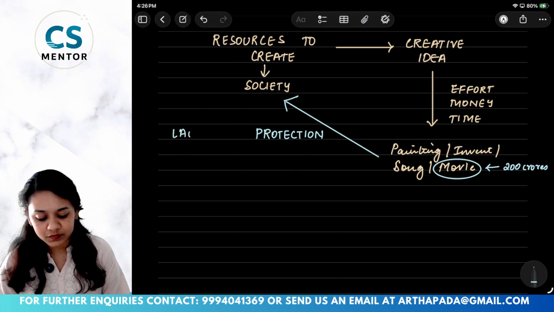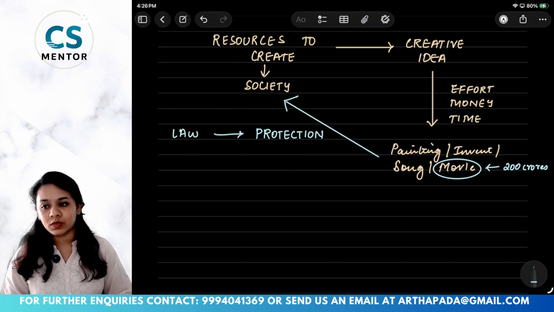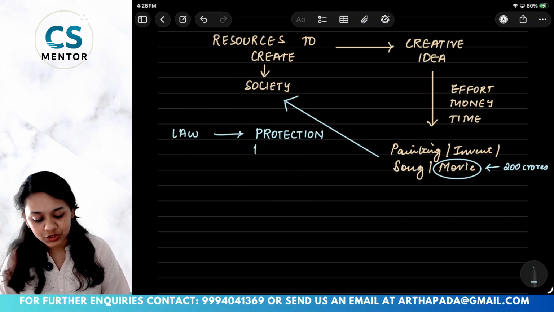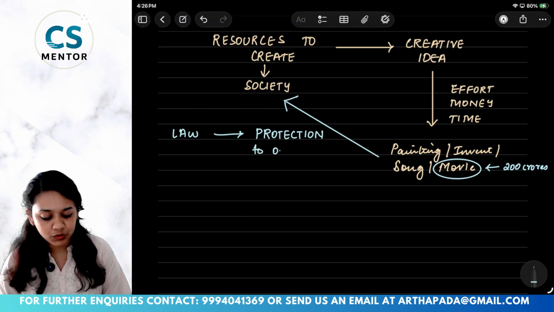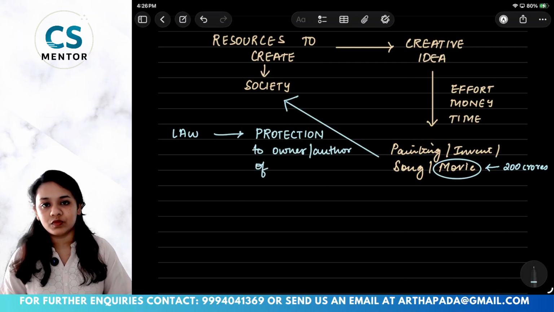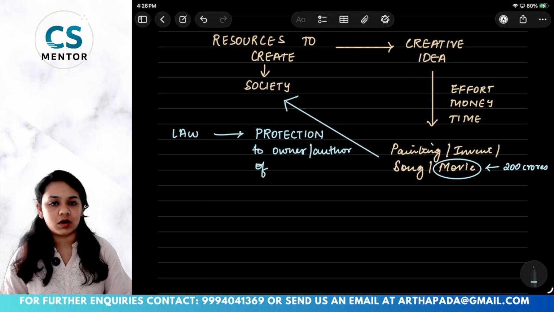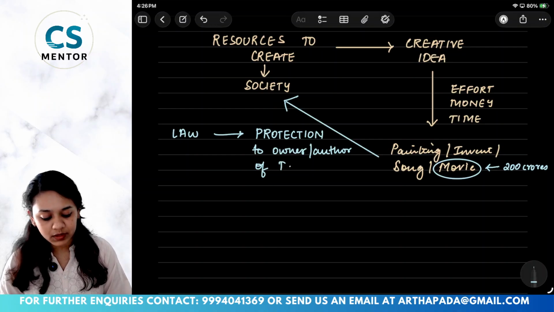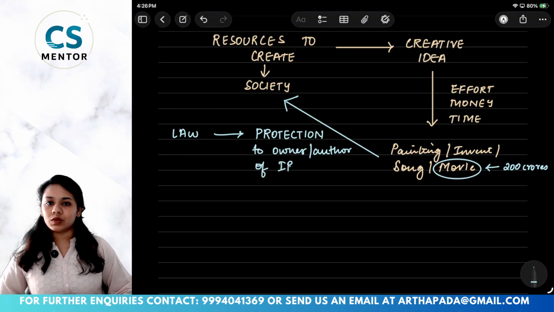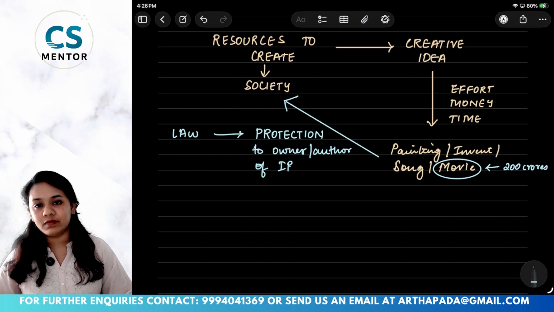The law gives a protection. Protection to whom? Protection to the owner or the author of this movie, painting, song, etc. So of that intellectual property. Okay, now can you understand why we give this intellectual property protection?